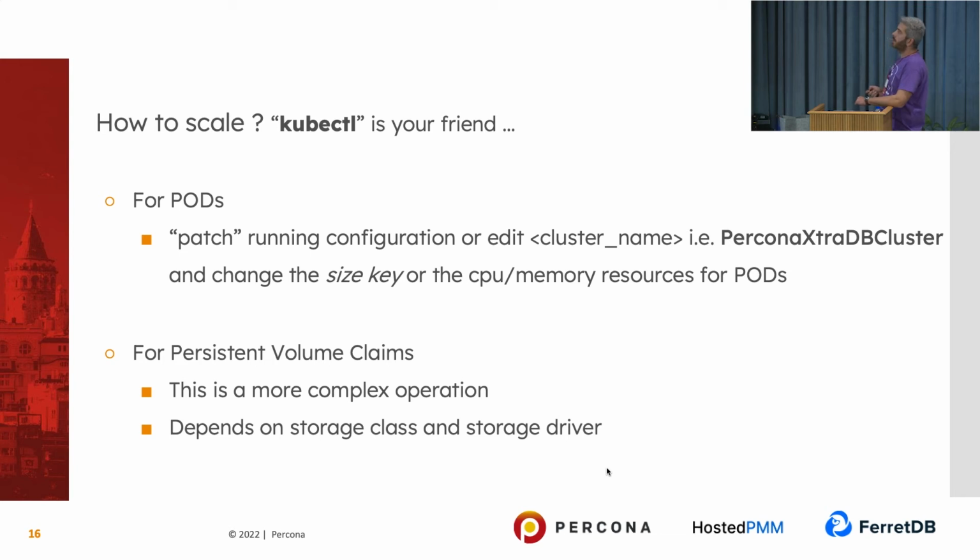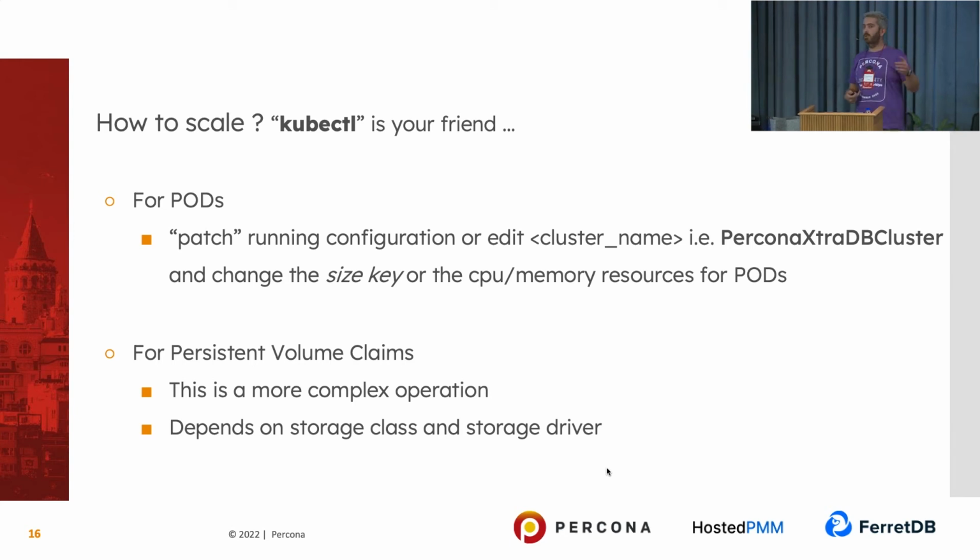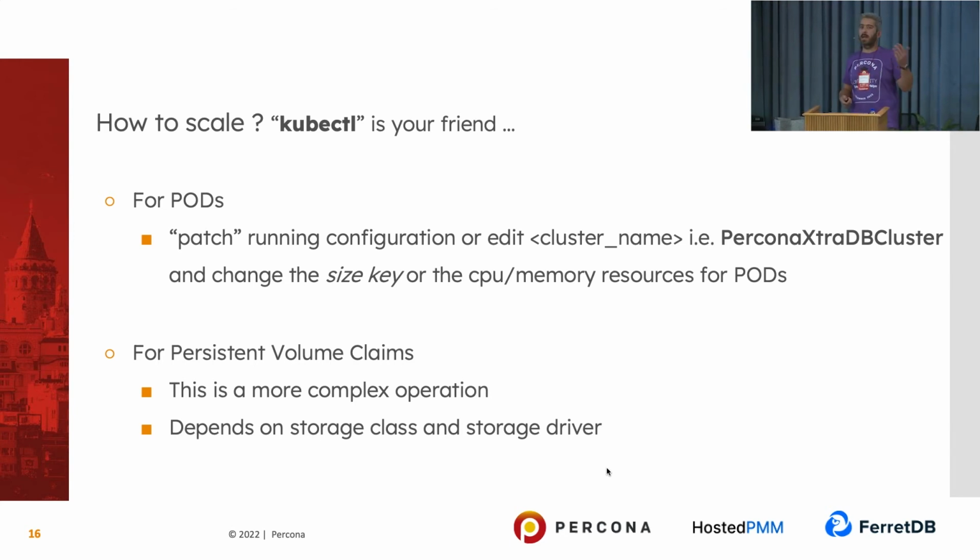Or I can edit the cluster name and change the value I want, for example, the size or the CPU and the memory, and just apply this configuration. And what happens at the end? The operator will apply the changes, the pods will start recycling, and then a pod will be terminated and replaced by another pod with the new resources, if resources is what I've just changed.